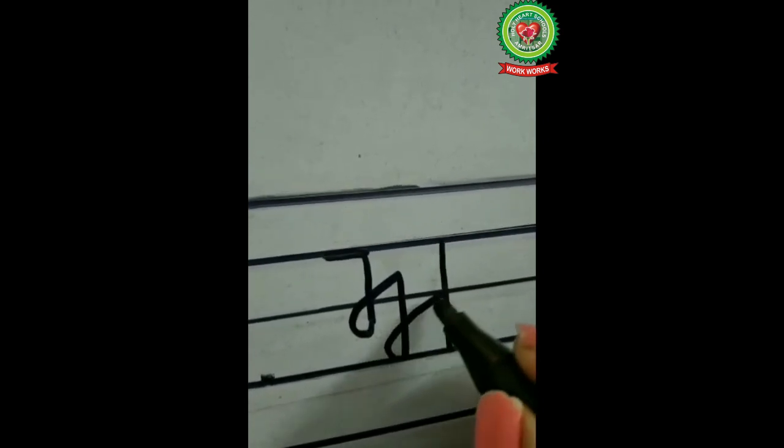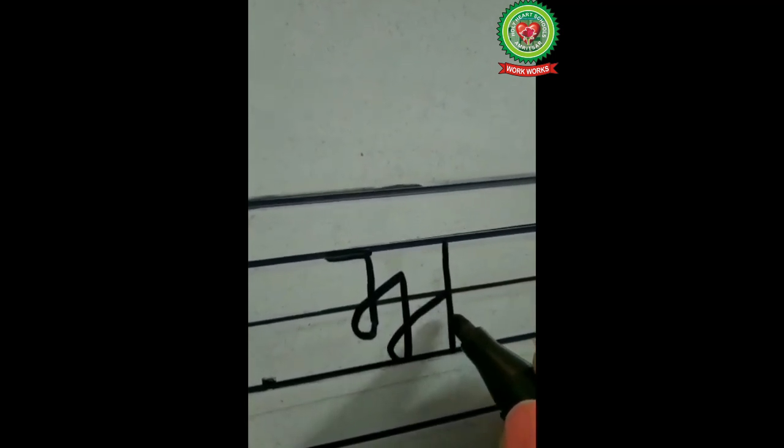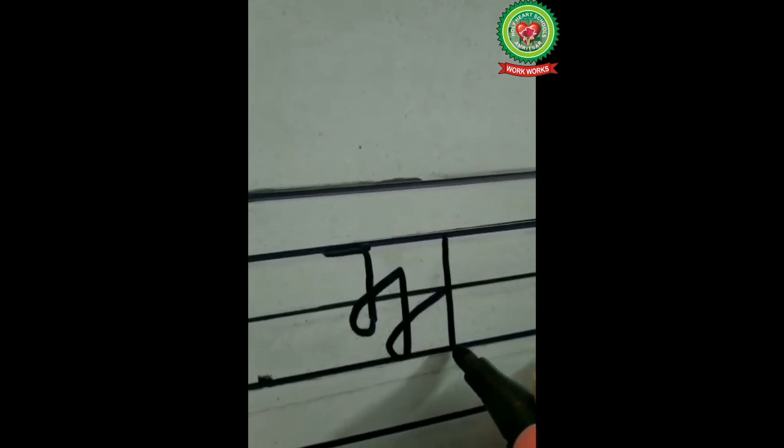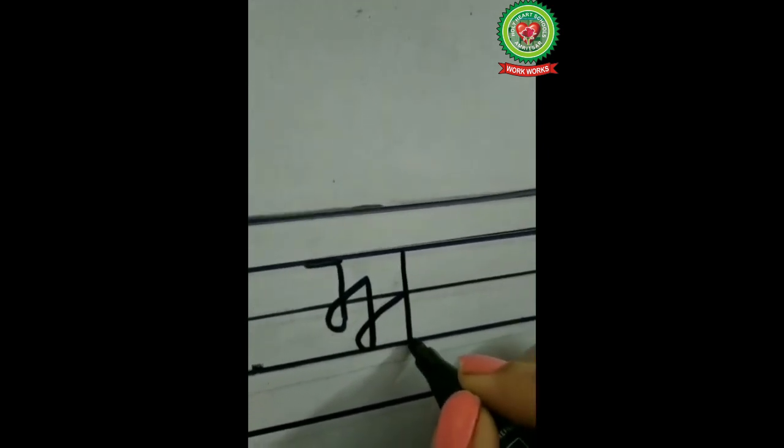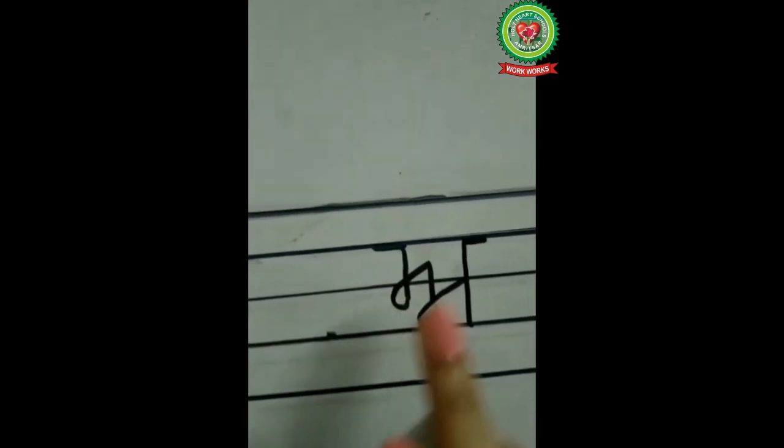That means I have drawn this line now, so it should touch the edge of this line and then it should touch the fourth line. Now draw a small sleeping line over here. So this is the way to make ERA.